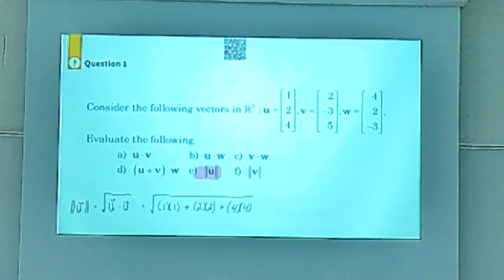Square root of 1 times 1 plus 2 times 2 plus 4 times 4. One and 4 is 5. 5 and 16. Square root of 21.